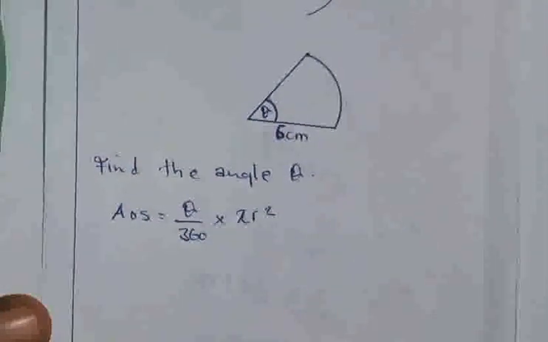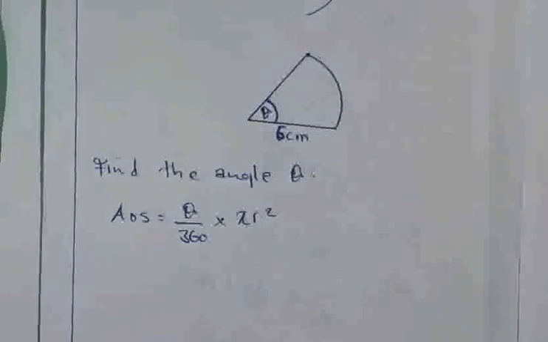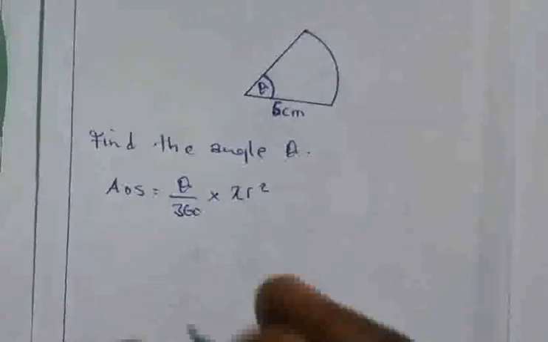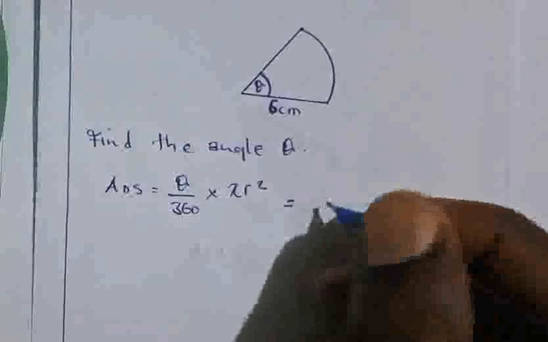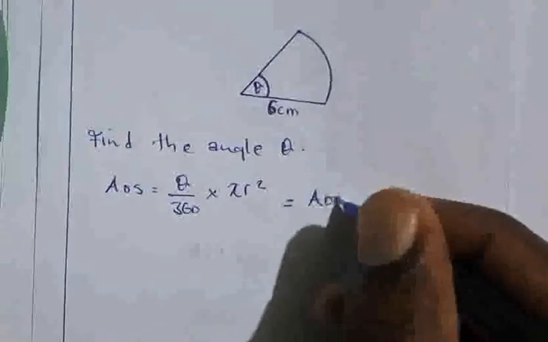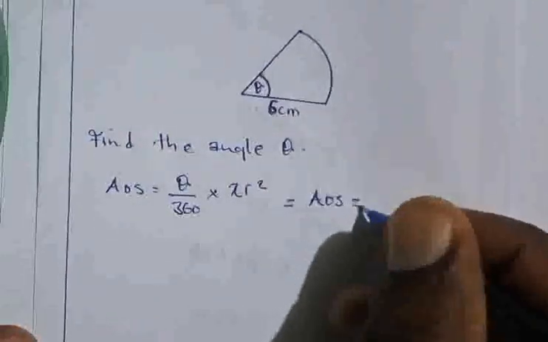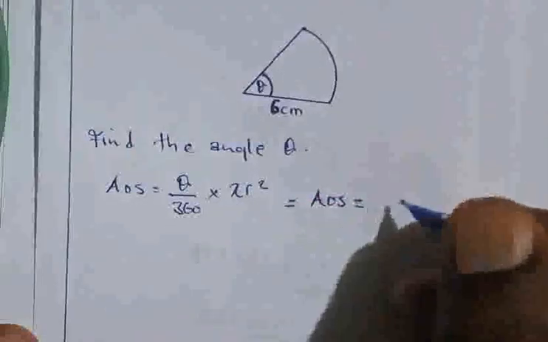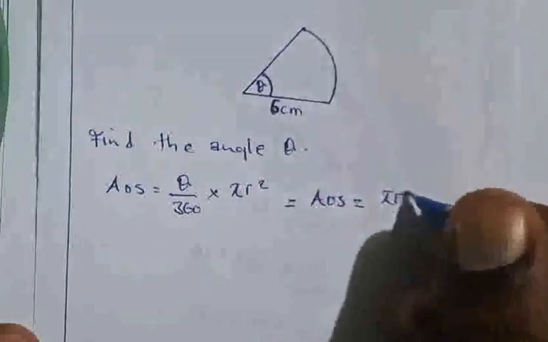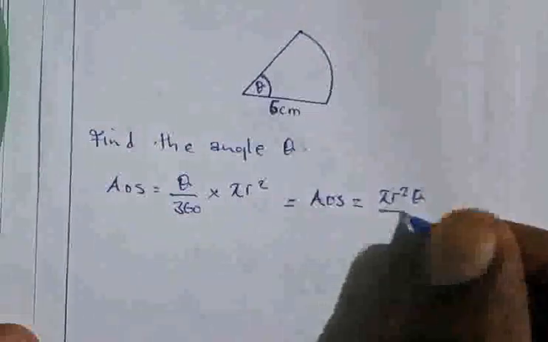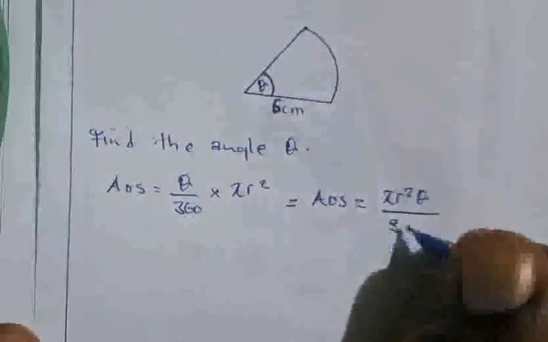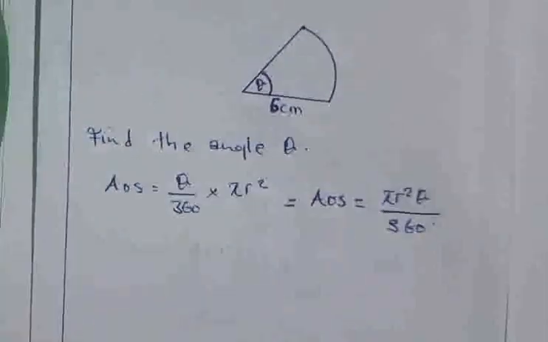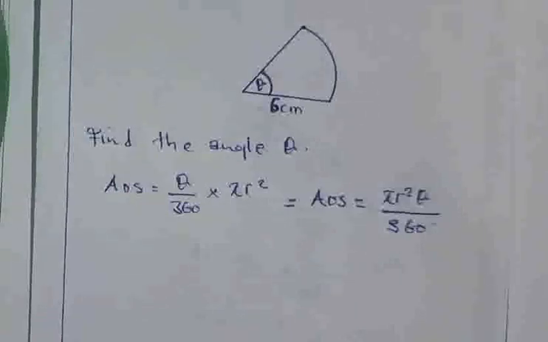So let me arrange it nicely so that the theta goes the other side there. So I'm going to say, okay, A or S is equal to, together here is going to be pi r squared theta over 360. Yeah, this one looks cool now. So now, what do we do?